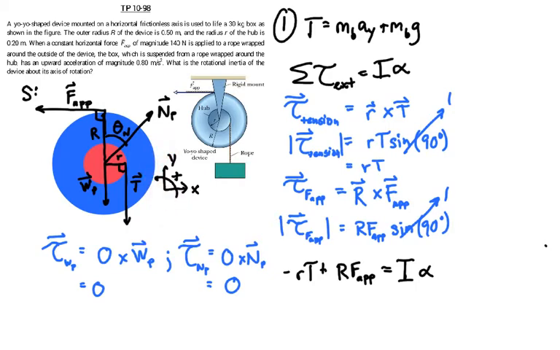I said that anything trying to rotate the pulley in the counterclockwise direction is going to be positive, and anything trying to rotate the pulley in the clockwise direction will be negative. And so that's where the negative and positive signs come from. That's all equal to the rotational inertia of our pulley times the angular acceleration.